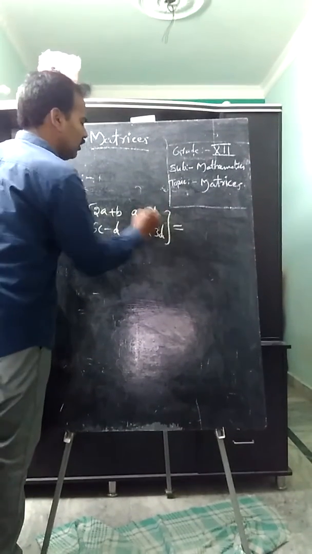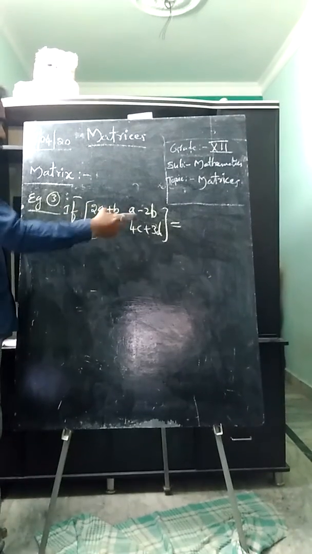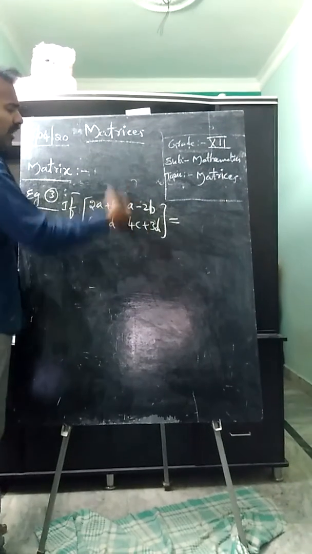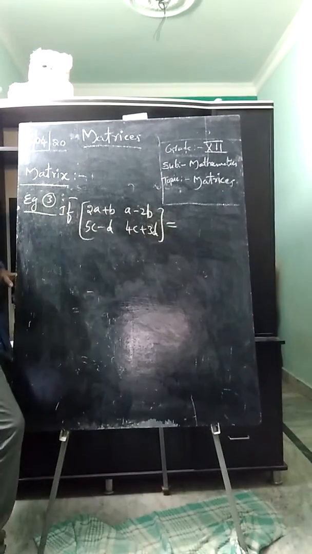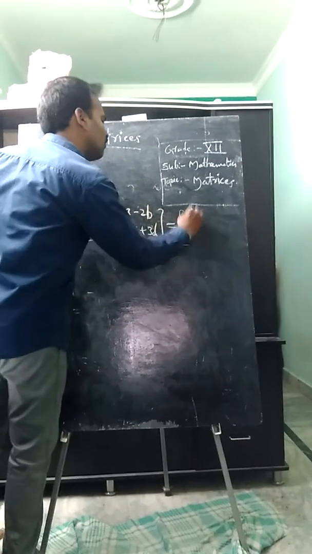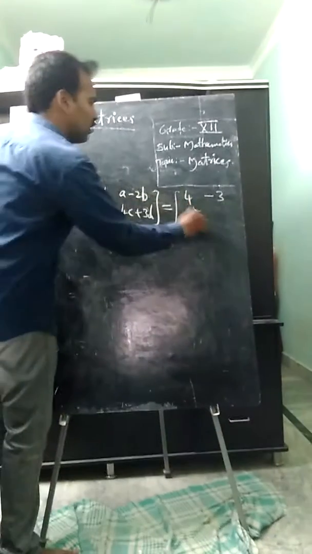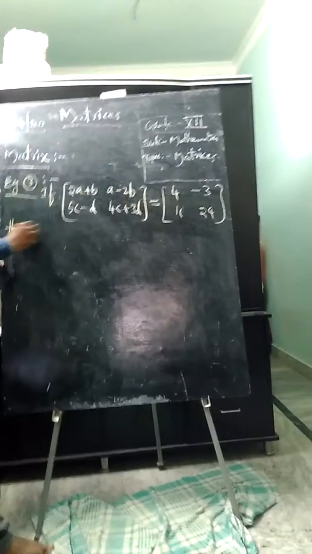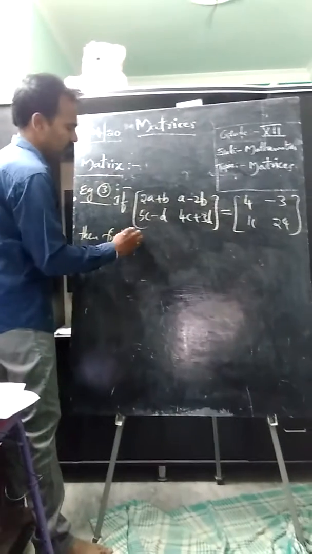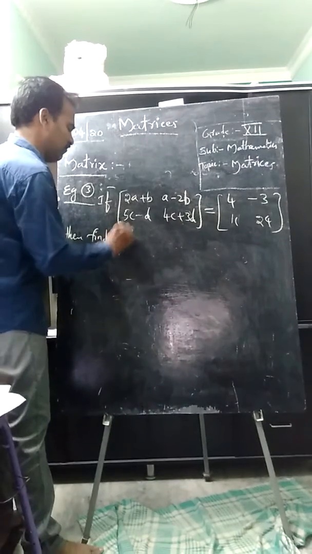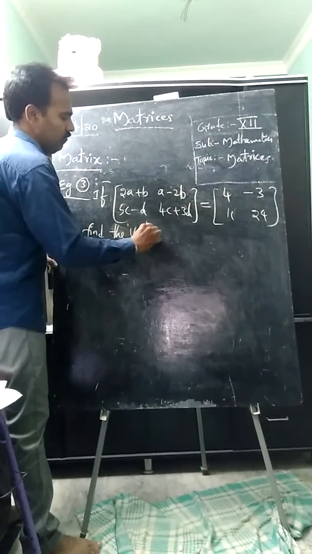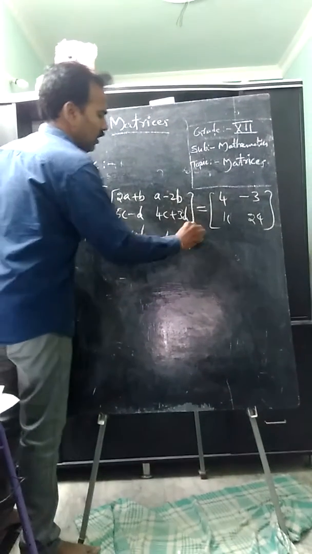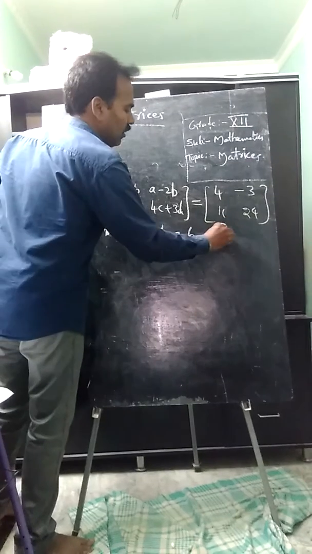Students, here one matrix is given which is 2 by 2, it's a square matrix, equal to the matrix with entries 4, minus 3, 11, 24. Then find the values of a, b, c and d.